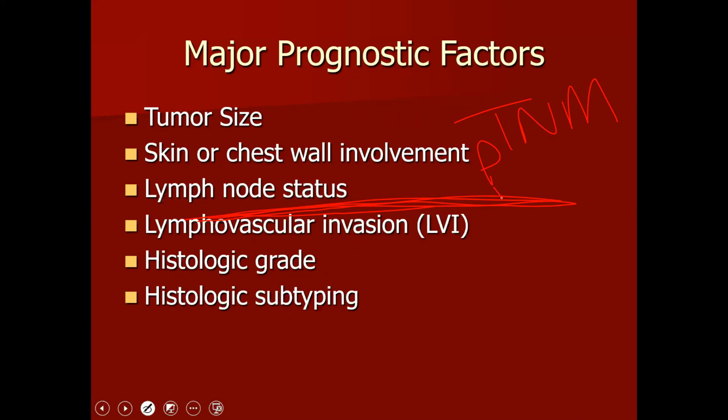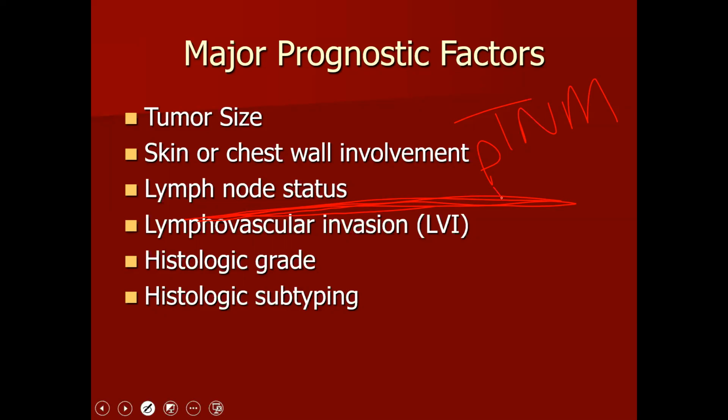It depends on the organ system we're dealing with, and sometimes it's both, and I'm going to show you in breast that both are applicable. But anyway, that's size. Size is always a major prognostic factor. And then the N represents regional lymph nodes, and regional lymph nodes are always a major prognostic factor. So these 2 are your bread and butter.